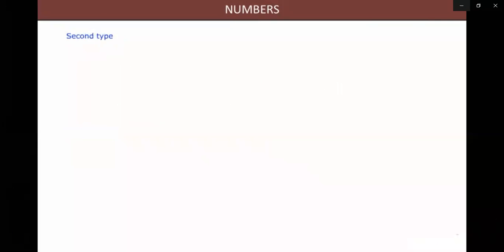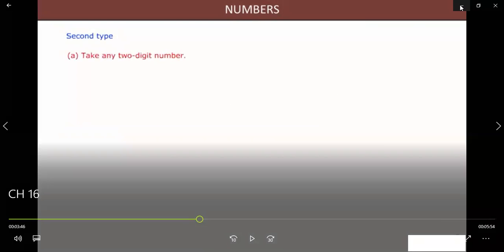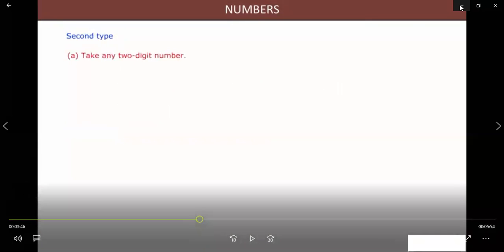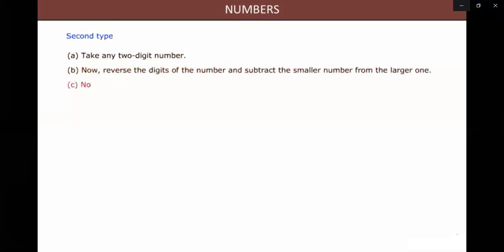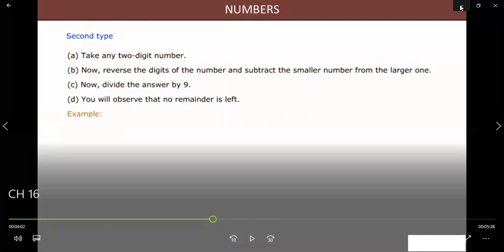Now the second type of number game. These are the rules we have to follow. Take any two-digit number, reverse the digits of the number, subtract the smaller number from the larger one, and now divide the answer by 9. You will observe that no remainder is left again. We have to follow all these four steps.